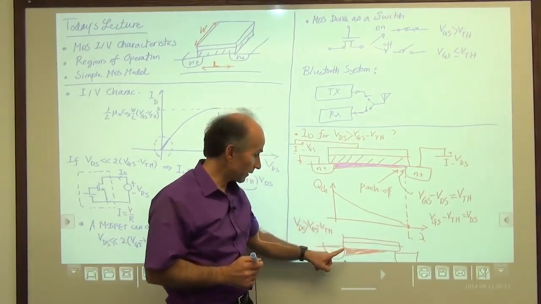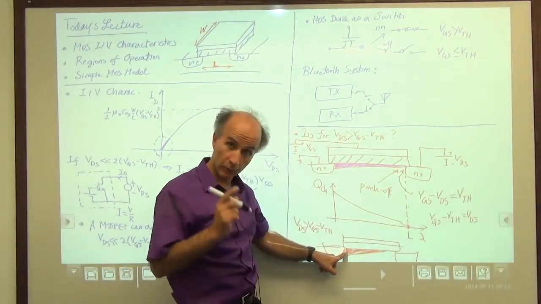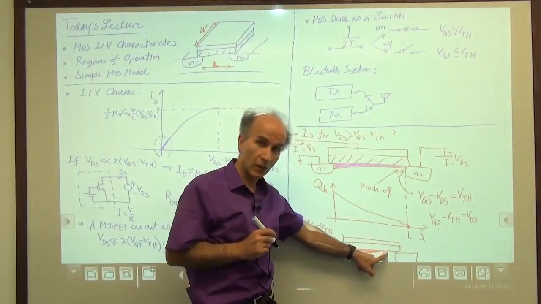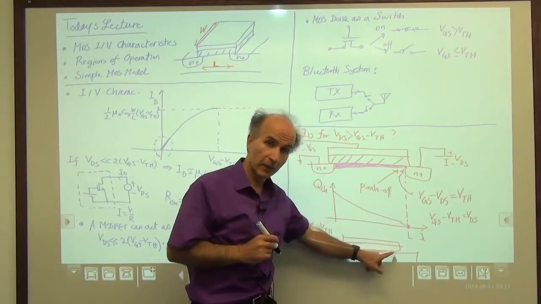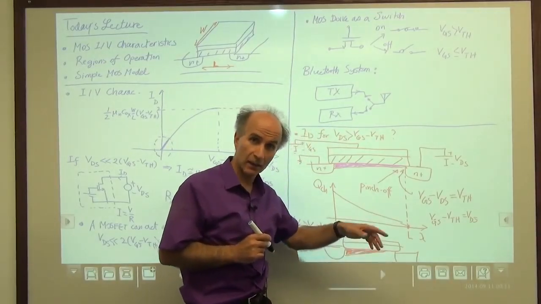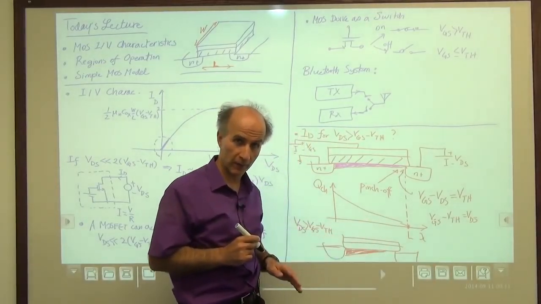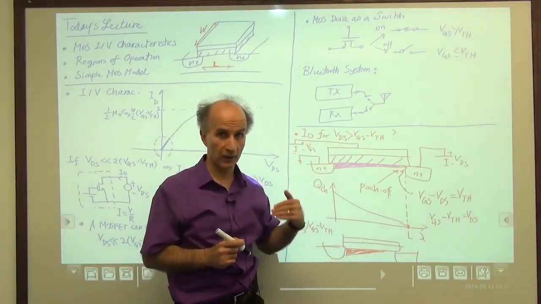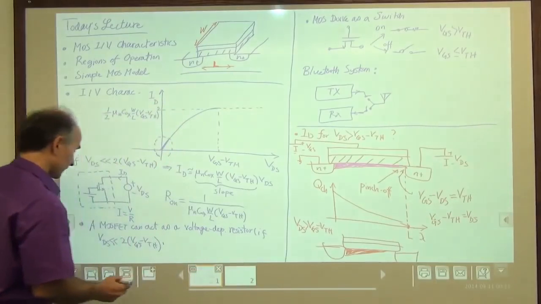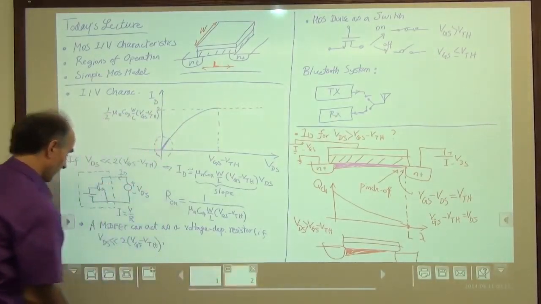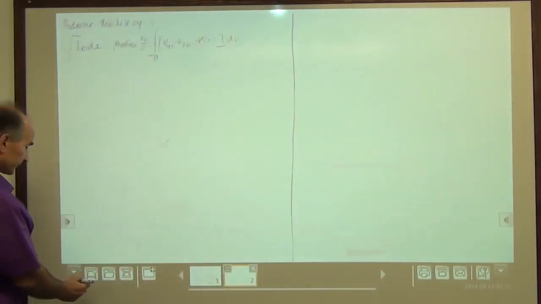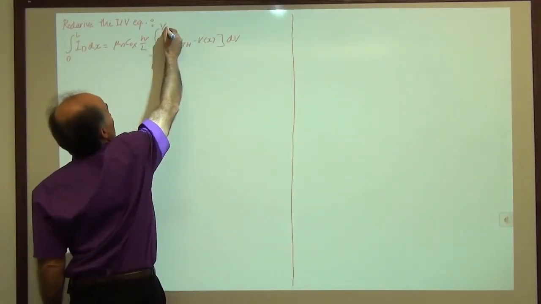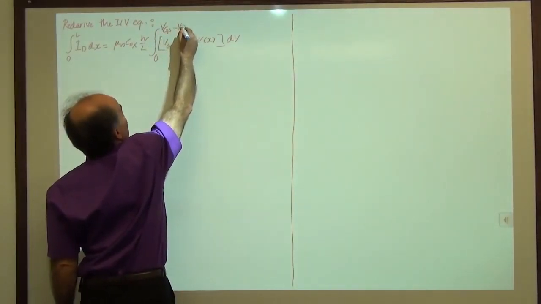So we have to integrate the voltage from 0 to VGS minus VTH, not to VD, because the channel ends where the voltage is equal to VGS minus VTH. The voltage at the end of the channel is equal to VGS minus VTH. So that's the big difference that now we have in our equation. And we write here VGS minus VTH.